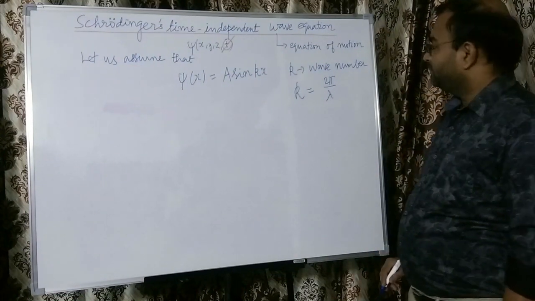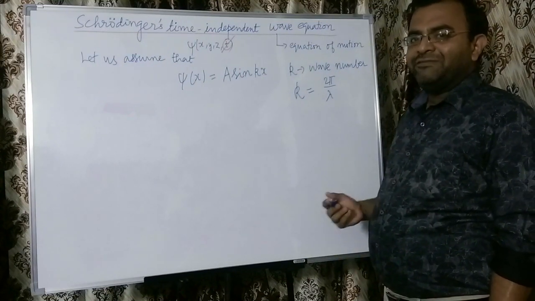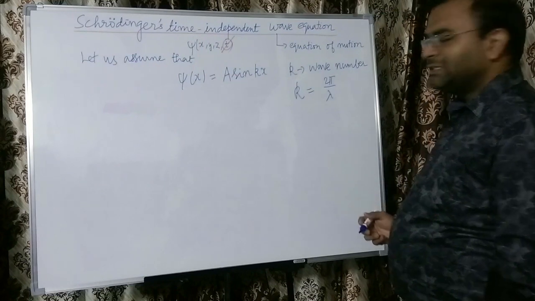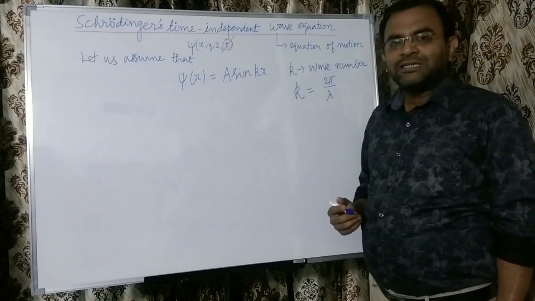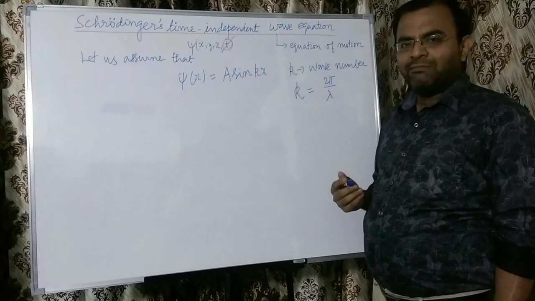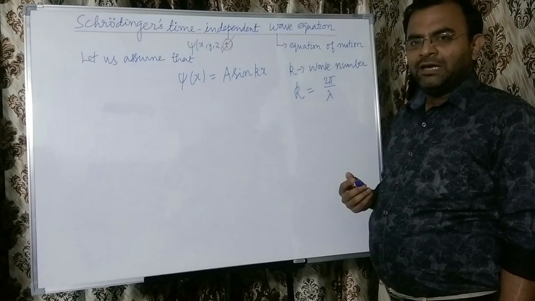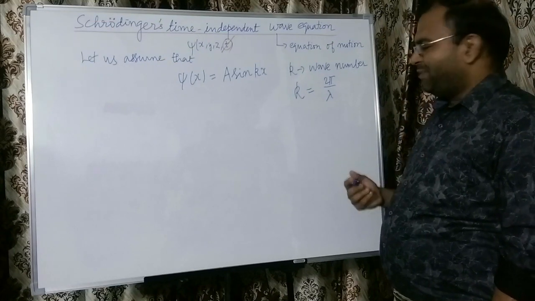This wave is obviously nothing but the de Broglie wave in quantum mechanics, because according to de Broglie's hypothesis, every quantum object having a mass and which is moving with a velocity will have a momentum, let us say p.